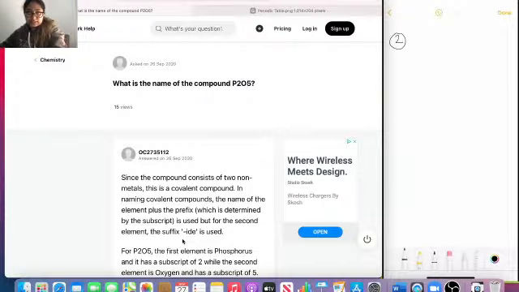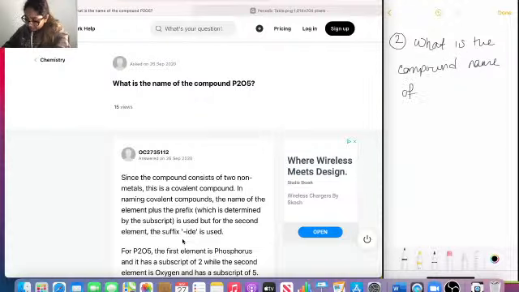Number 2, what is the name of the compound P2O5? Okay, so what is the compound name of P2O5?